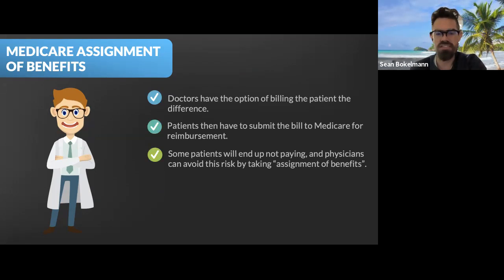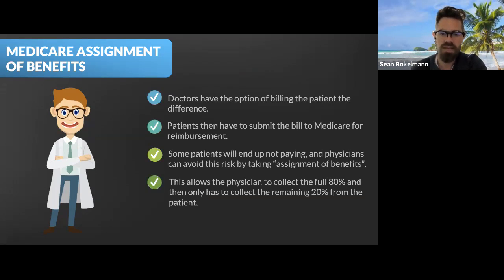The problem is that some patients would end up not paying at all, and so it introduced a financial risk to the physician. And they could avoid it by taking this thing called assignment of benefits. And it basically allowed them to collect the full 80%, and then they only had to try to collect the remaining 20% from the patient. So it helped to reduce their financial risk.